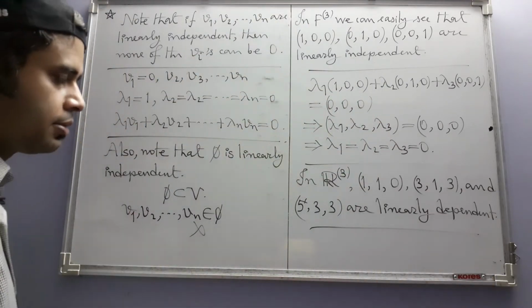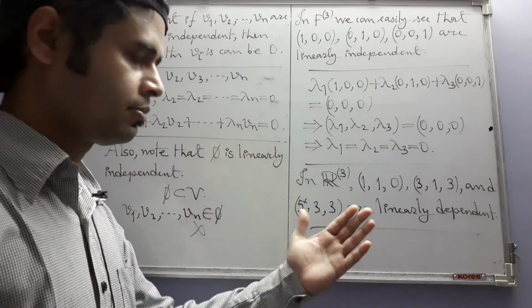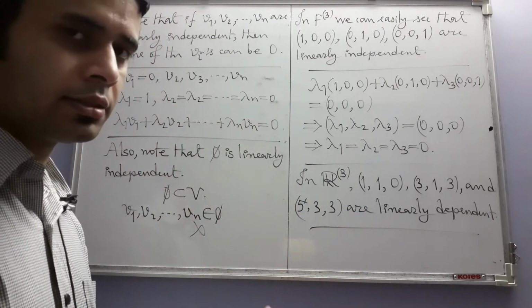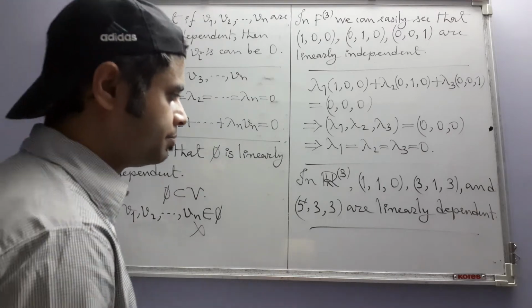So here some such choice of scalars exists where not all the scalars are 0 but the combination is 0.